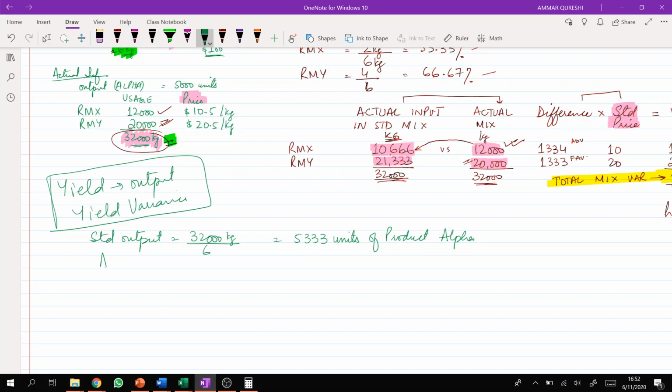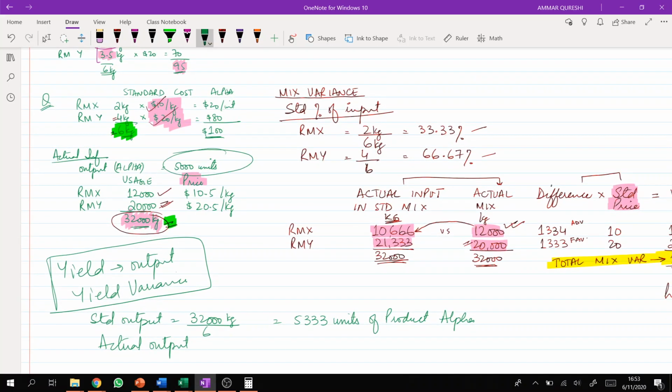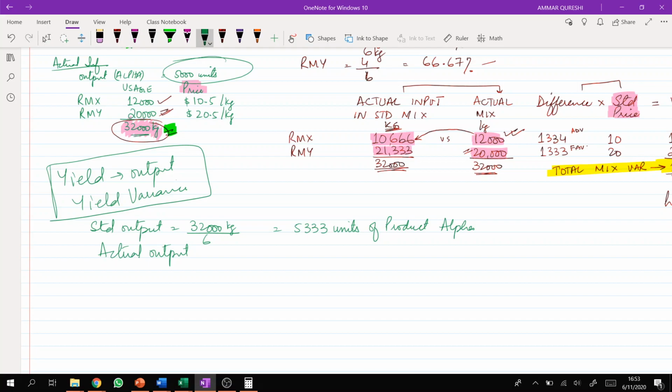Now what is the actual output? We have to compare it with the actual output. Actual output was around 5,000 units. So instead of 5,333, we actually got an output of 5,000 units only. This means we got 333 units less than the standard. Now try to guess whether this variance is adverse or favorable.